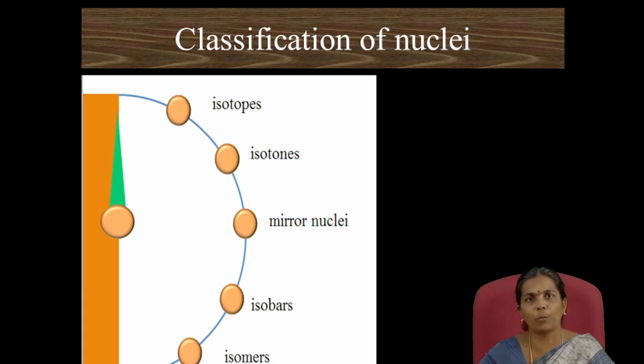That is, the number of protons in one nucleus is equal to the number of neutrons of another one. Isobars are the nuclei with same mass number but different atomic number. Isomers are the nuclei having the same mass number and same atomic number but they differ by their internal structure.